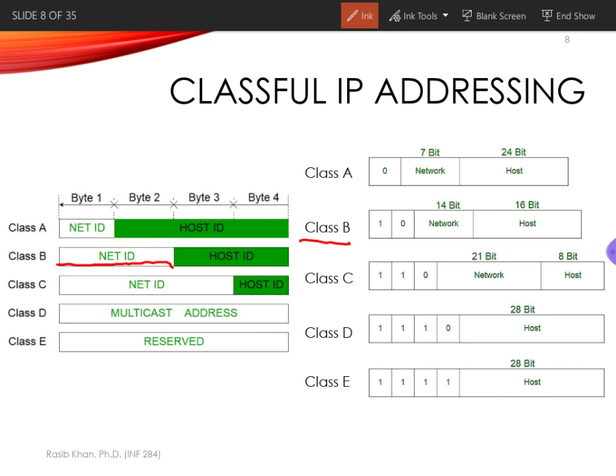However, when we are given just a plain and simple IP address, what we do is convert it into the binary representation, and if we see that the first 2 bits in the first octet are set to 1 and 0, that means we have to consider a total of 16 bits as the network ID.